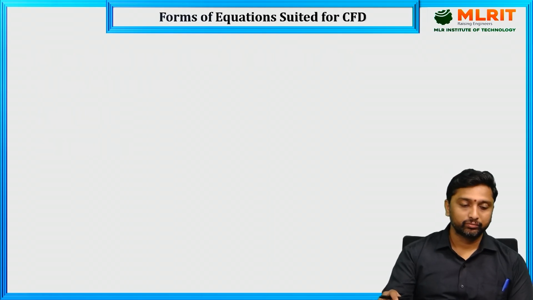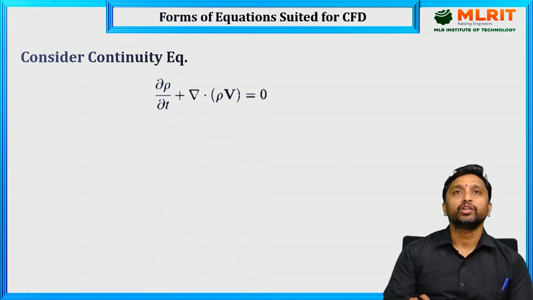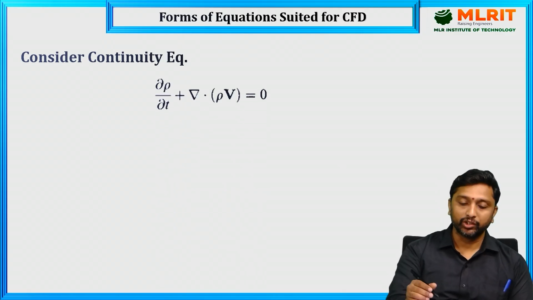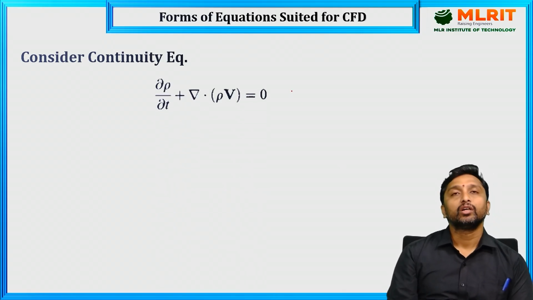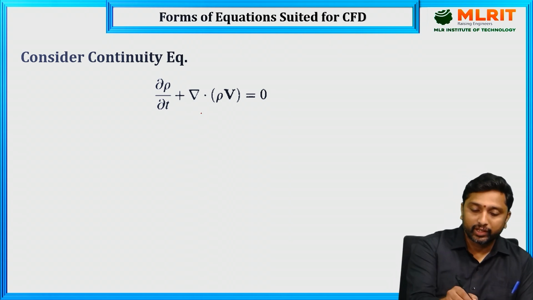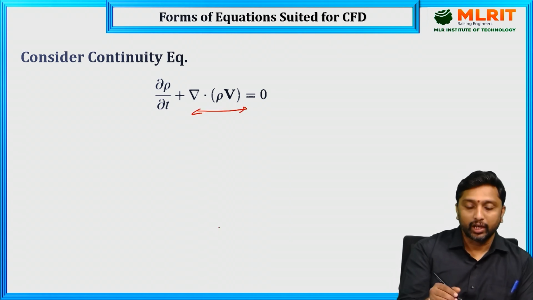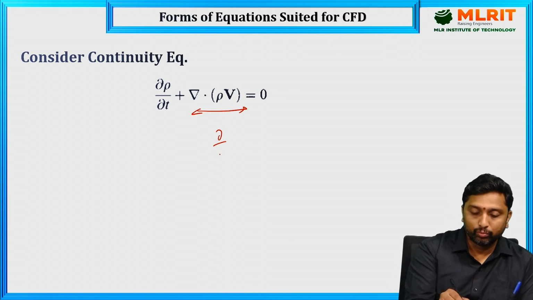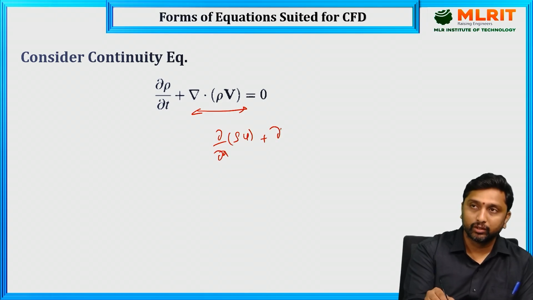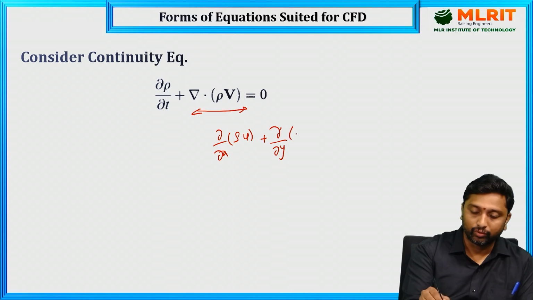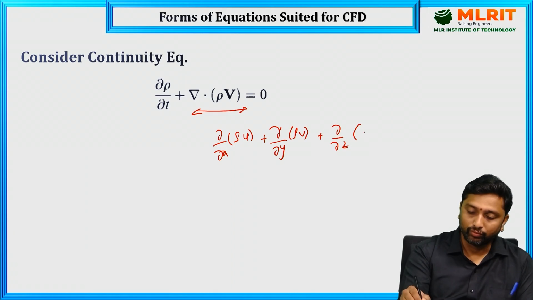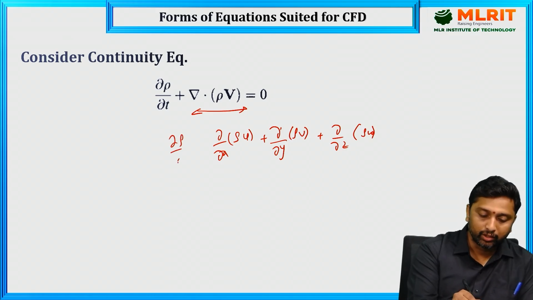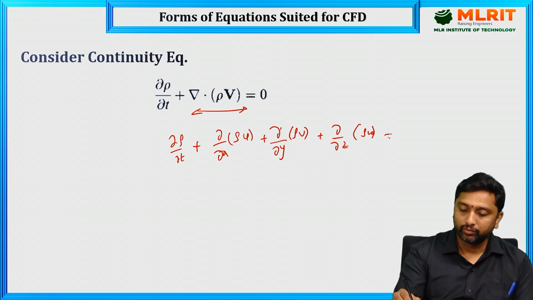Moving forward, consider the continuity equation. This is the continuity equation in partial differential form. Now, if I expand this divergence term, I can write it as dou by dou x of rho u plus dou by dou y of rho v plus dou by dou z of rho w, along with dou rho by dou t, equals 0.